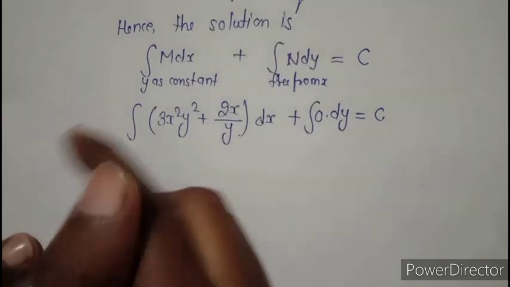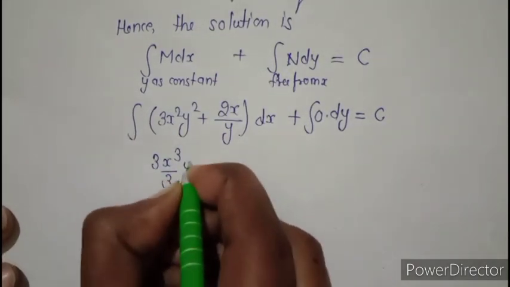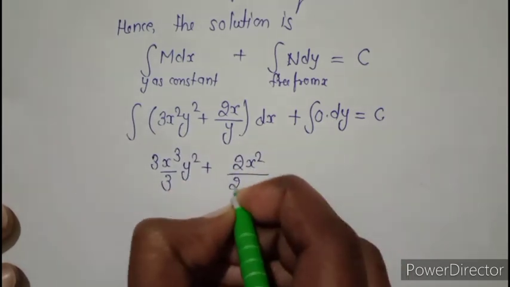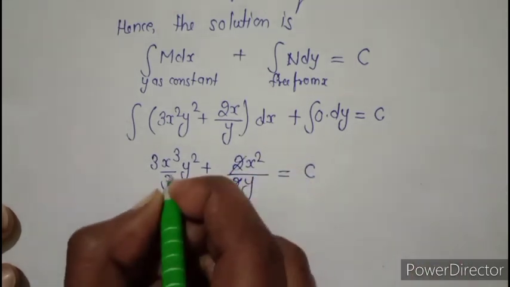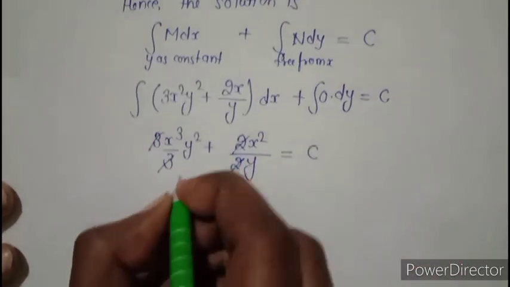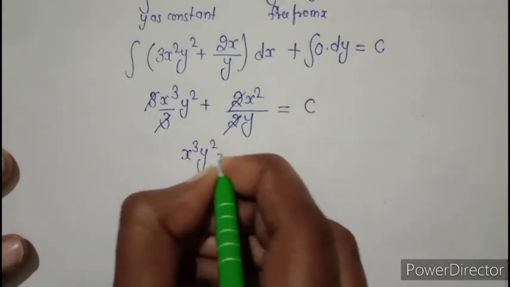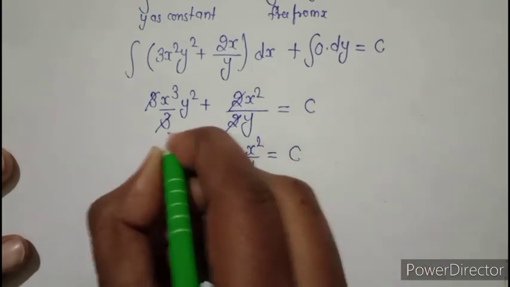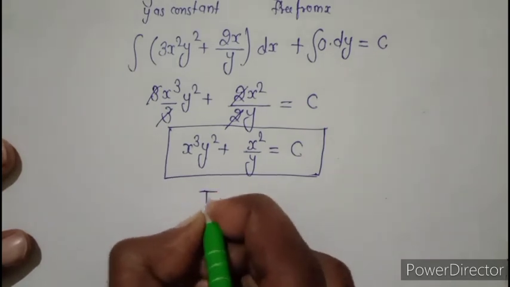What we get: 3x³ by 3 into y² plus 2x² by 2y is equal to c. So 2 gets cancelled by 2, 3 gets cancelled by 3, and our solution is x³y² plus x² by y is equal to c. This is the required solution.